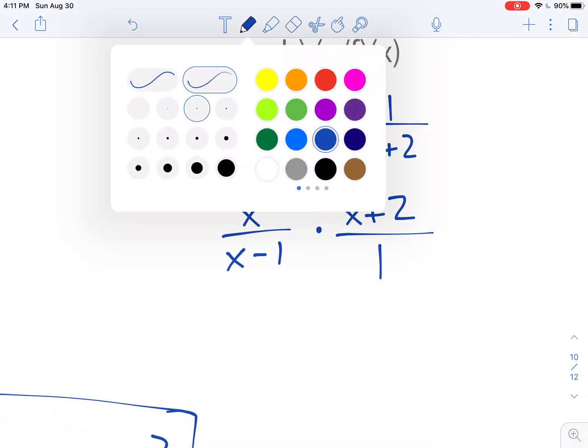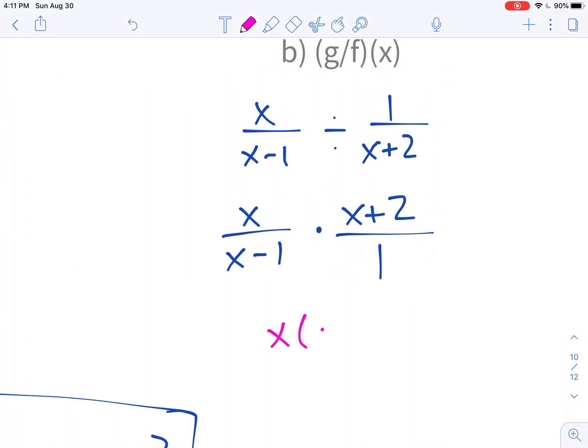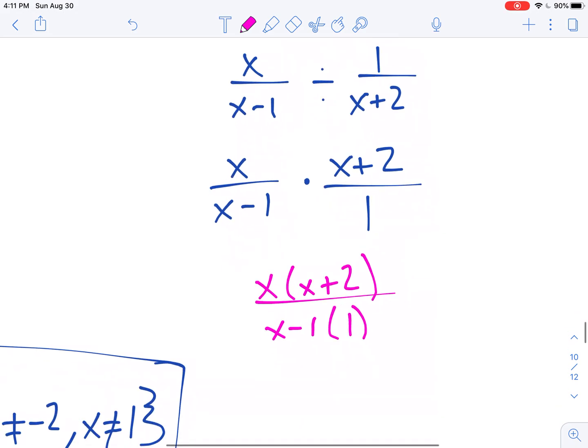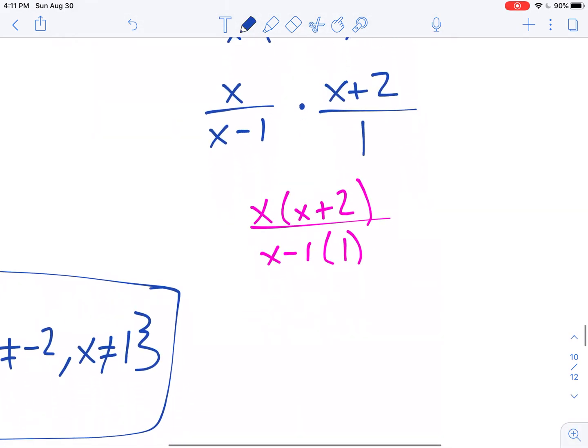Again, you just multiply across here. So I have x times x plus 2 over x minus 1 times 1. I've got x squared plus 2x all over x minus 1.